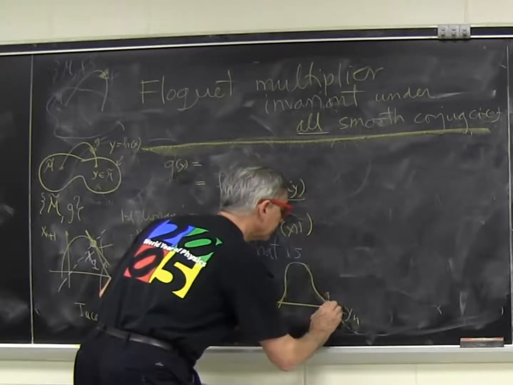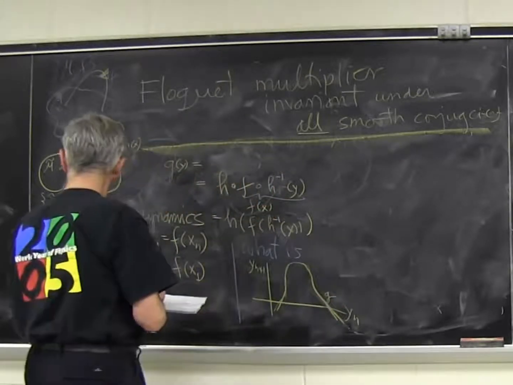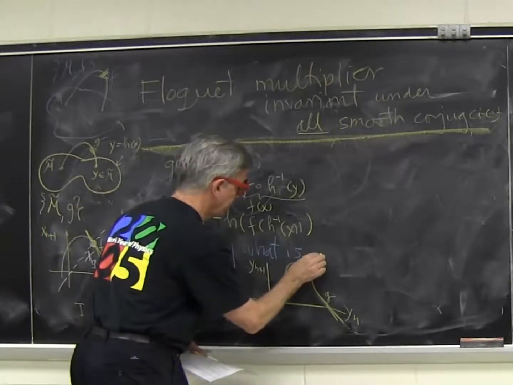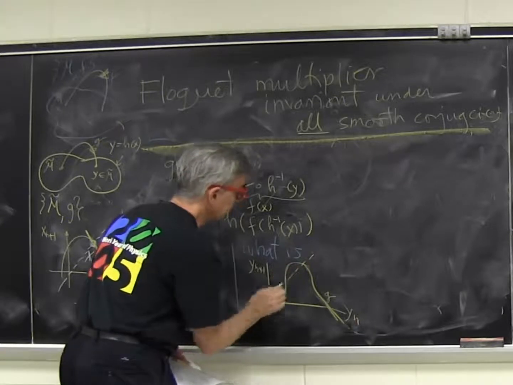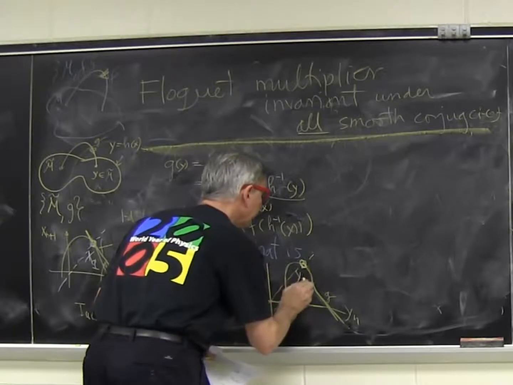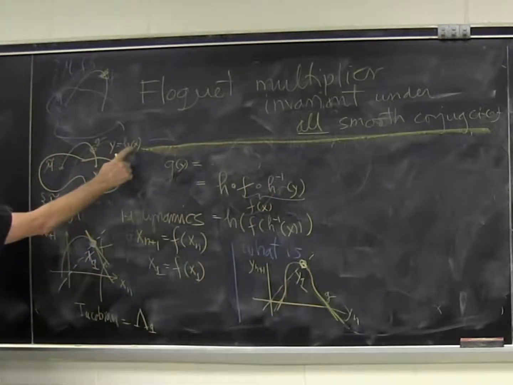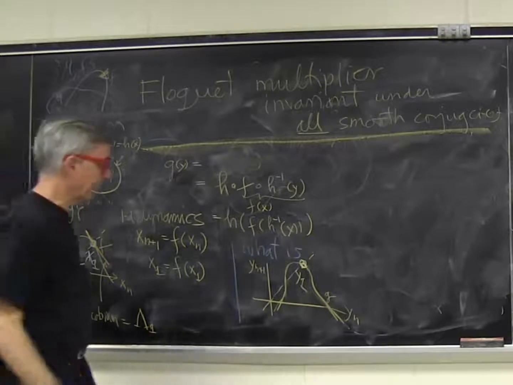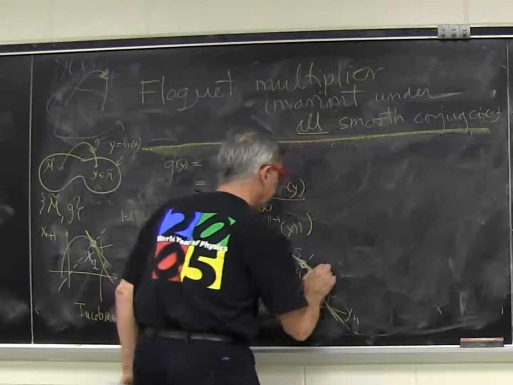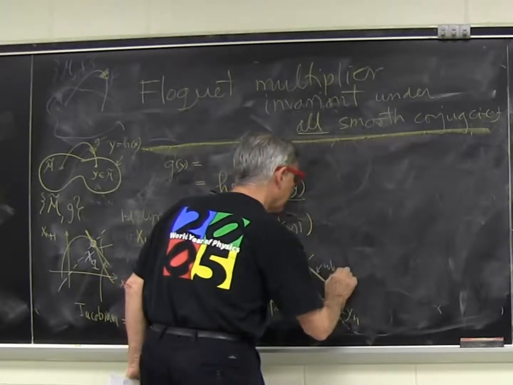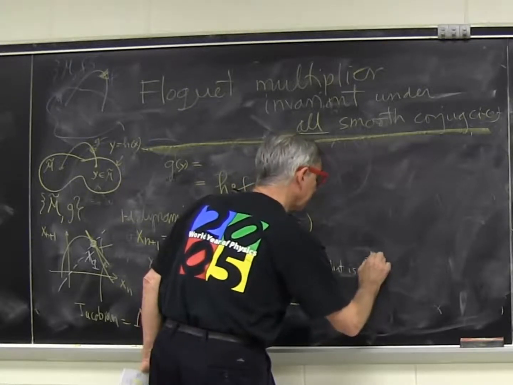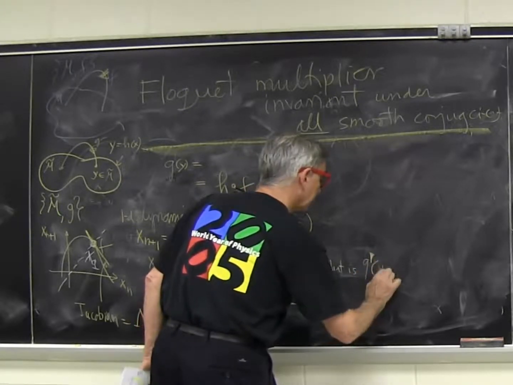And this is the law of motion in the new coordinates, and the fixed point in the new coordinates should be someplace on the diagonal here. So this is y Q, which is the image of x Q. And I would like to know the slope. What is g prime evaluated at y Q?